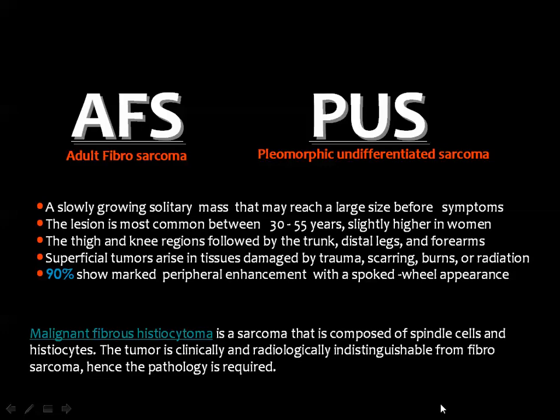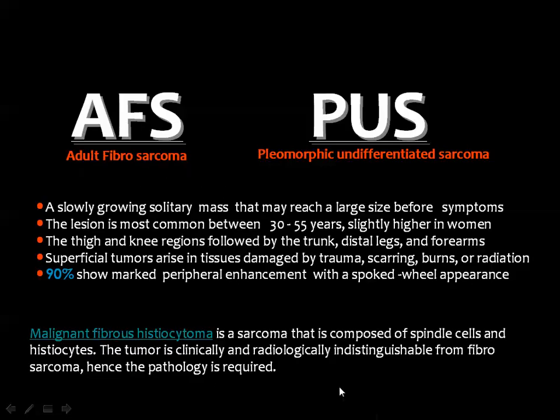But you remember that adult fibrosarcoma and malignant fibrous histiocytoma are both included under this title. And why do we mention adult fibrosarcoma in this particular domain? Because of this.